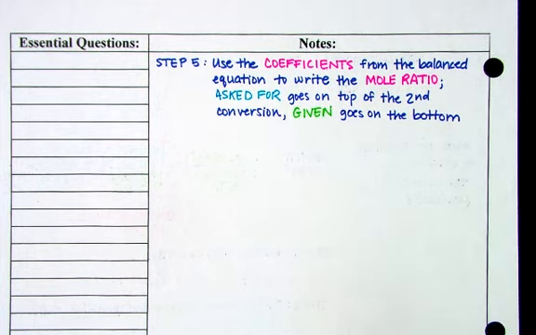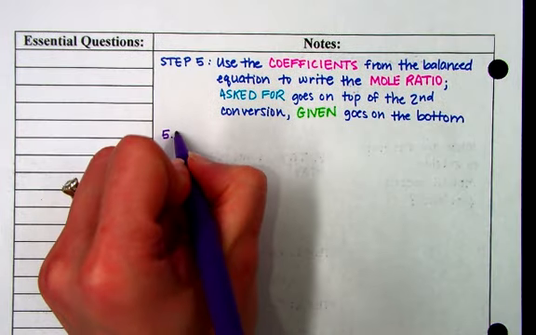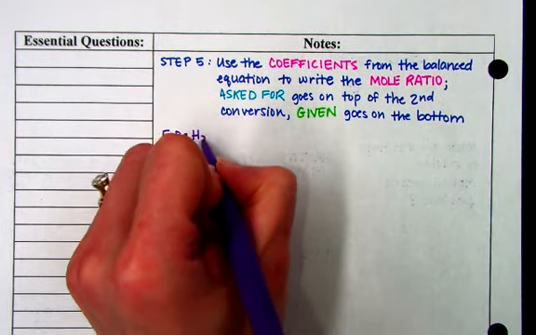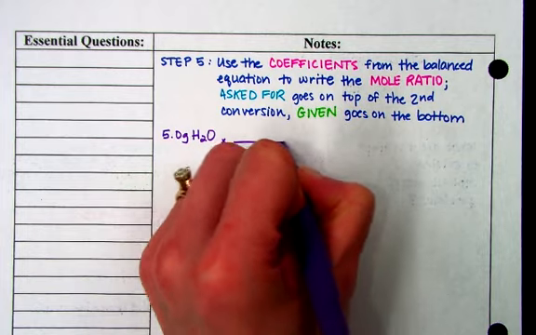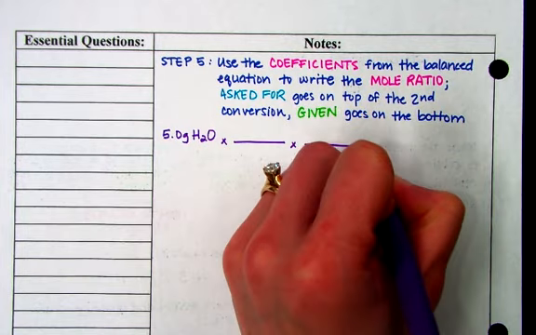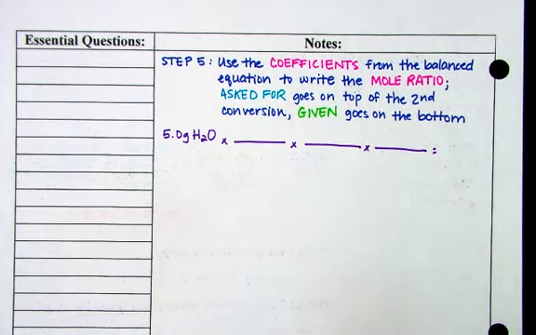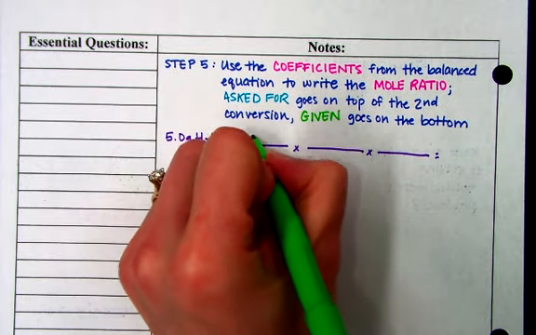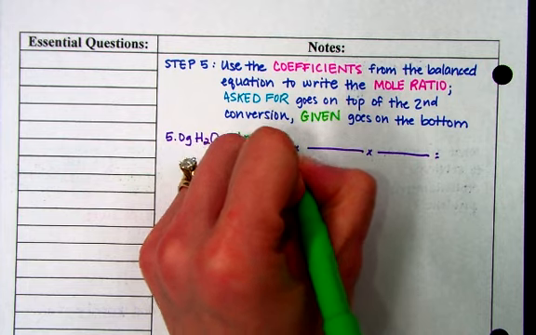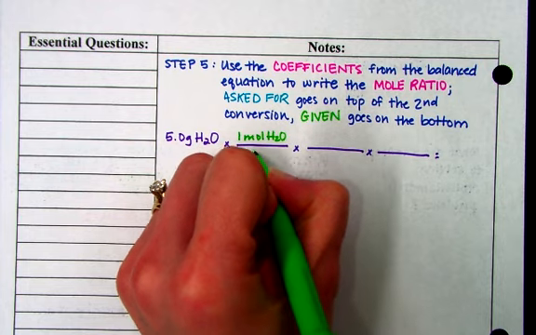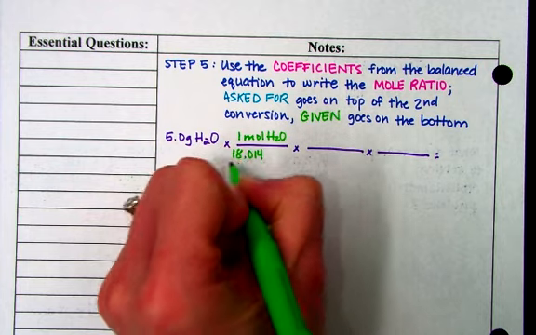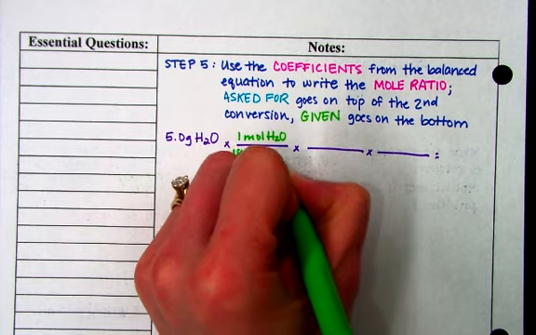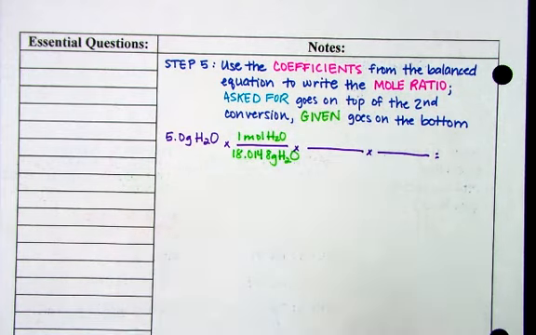Oh, wrong one. Okay, rewriting again so we don't have to keep flipping. 3 conversions. We've done the first one already, right? We know this is 1 mole of H2O, and the molar mass, 18.0148 grams of H2O on the bottom.